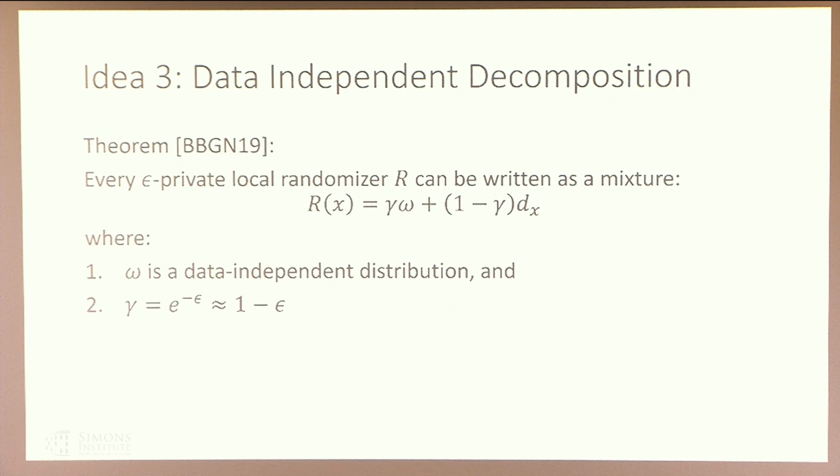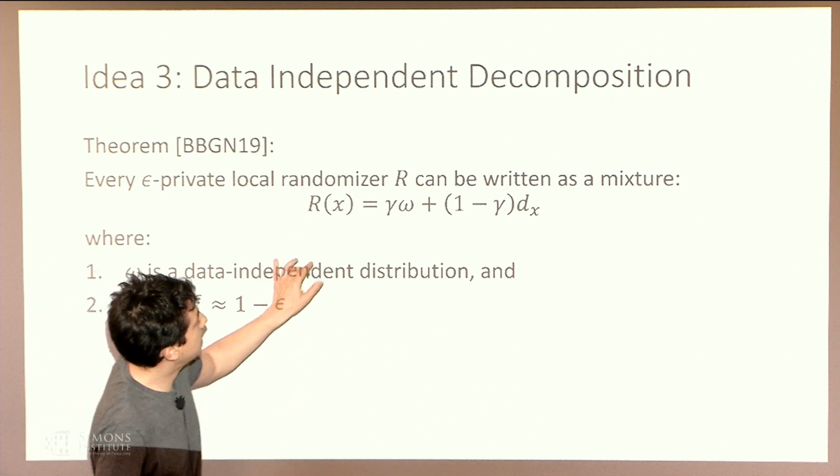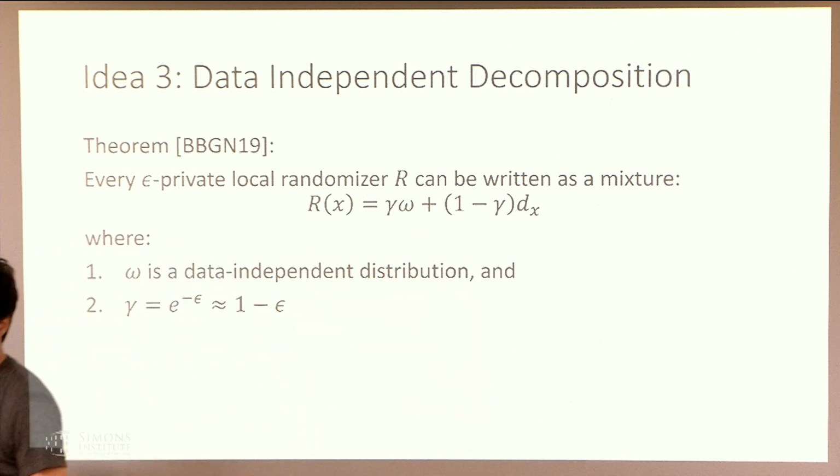This is where we're using the idea of the data independent decomposition from Bun et al. We actually need a slight generalization of their theorem, but let me first remind you of their theorem. What they show, for a very different purpose, is that if you've got an epsilon private local randomizer, you can in fact write it as a mixture distribution with two mixture components.